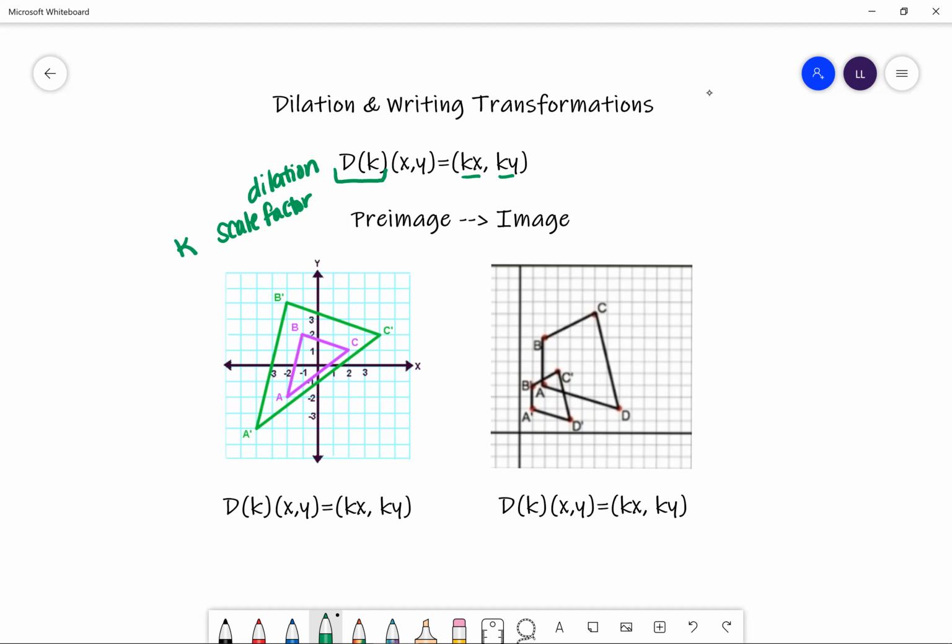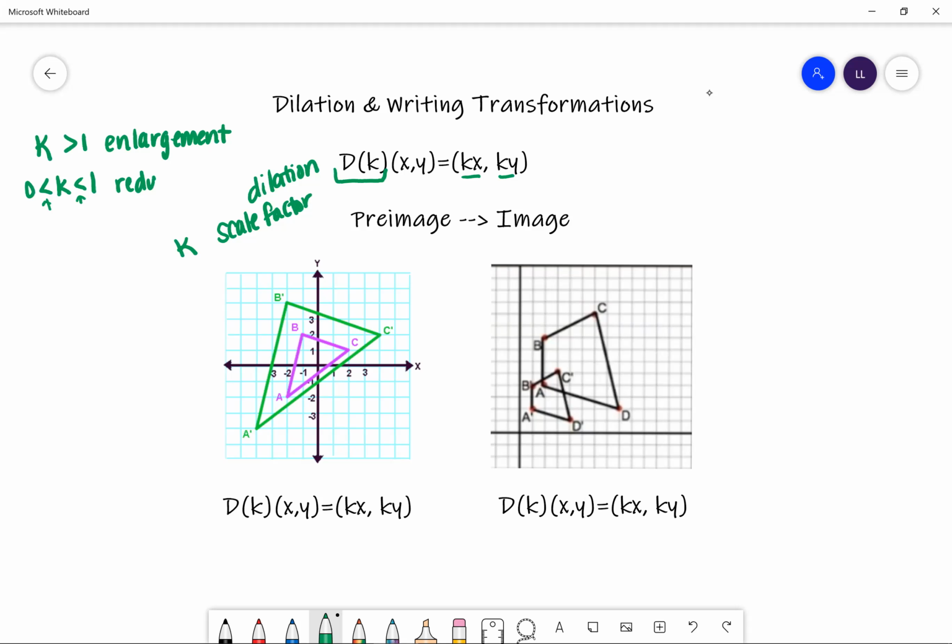Okay, so here's the catch. If K is greater than 1, then that's an enlargement. The picture got bigger. If K is between 0 and 1, and we represent the word between using these symbols right here, that's a reduction.